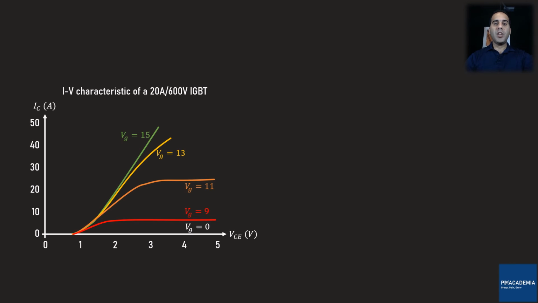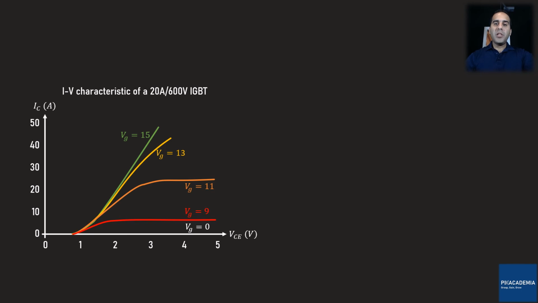To get a better understanding of the IGBT, let's take a look at the IV characteristic of a 20 ampere, 600 volt sample IGBT. Of course, for a gate voltage of 0, there is no current conductivity from the collector to the emitter. However, by giving the gate some positive voltage, the IGBT turns on and conducts.